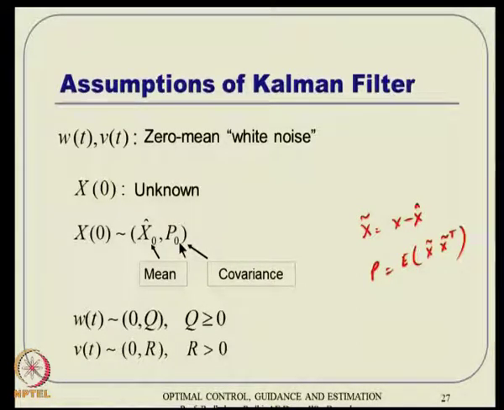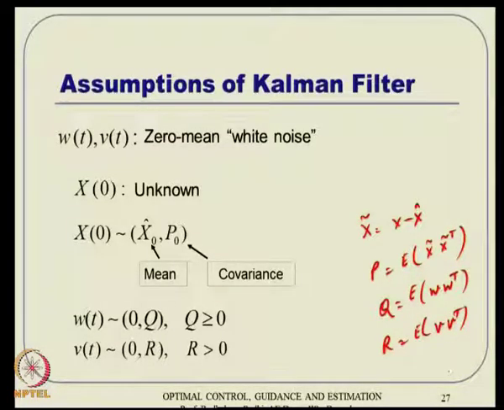We are assuming that we know a value; in other words, while mechanizing this we need to put some values for this. And W of t is characterized like this: W of t is 0 comma Q, that means zero mean, and the covariance is Q. Q is the expected value of W times W transpose, and similarly R is the expected value of V times V transpose.